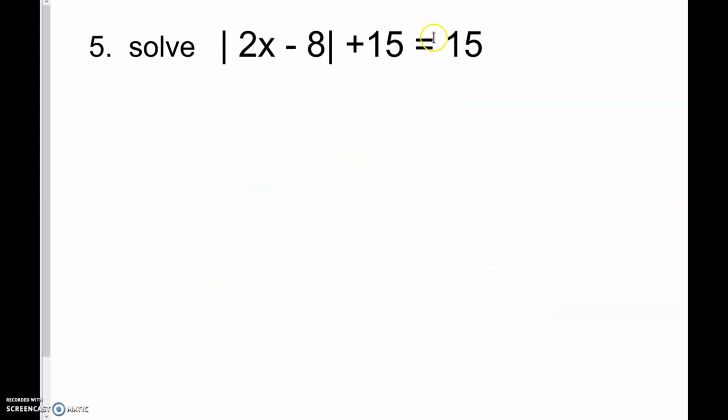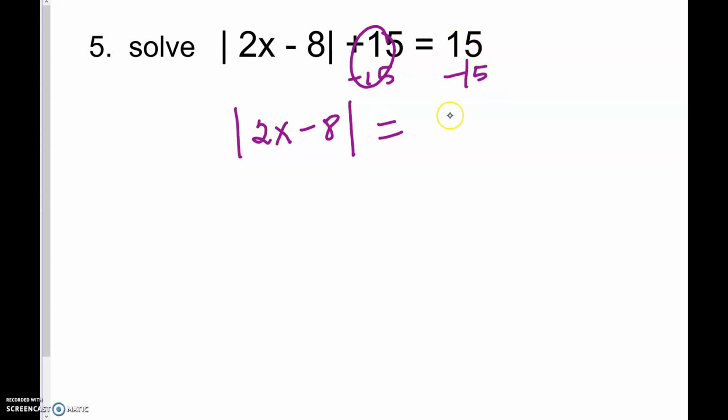All right, we still have this absolute value with an equal sign. Again, we still have a number and we need to get rid of that. So I'm going to subtract 15 from both sides. So the absolute value of 2x minus 8 equals 0, because 15 minus 15 is also 0.